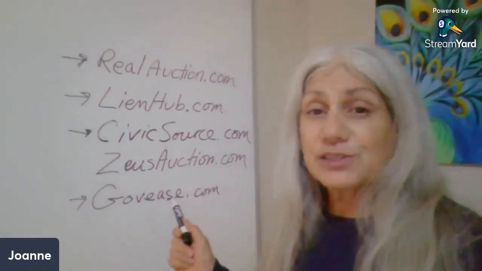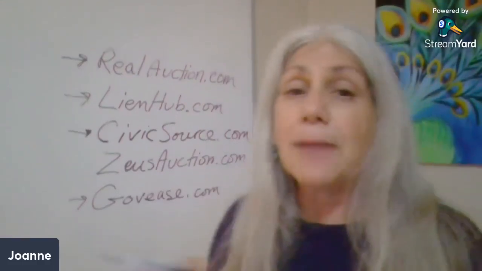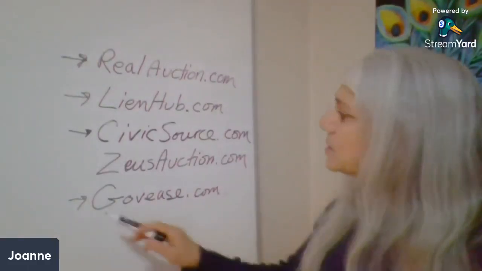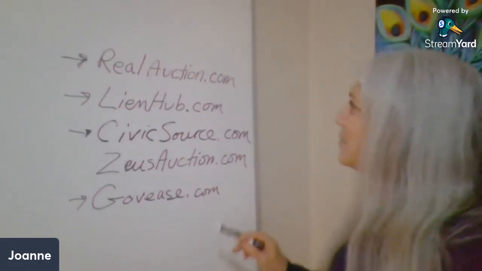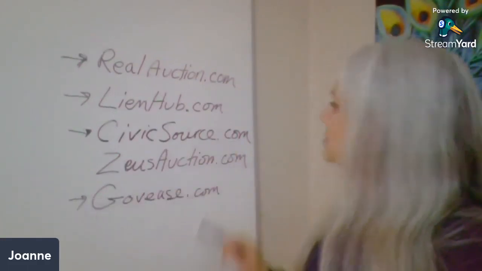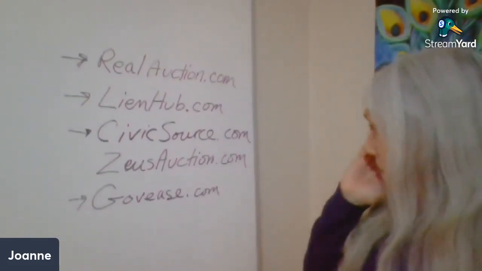All the other Arizona counties are going to be on realauction.com. Now, Arizona already happened this year. They're in February. But right now, what's going on GovEase are the Alabama sales. And we talked about redeemable deed sales in Tennessee when we talked about CivicSource. GovEase also does the Tennessee sales.